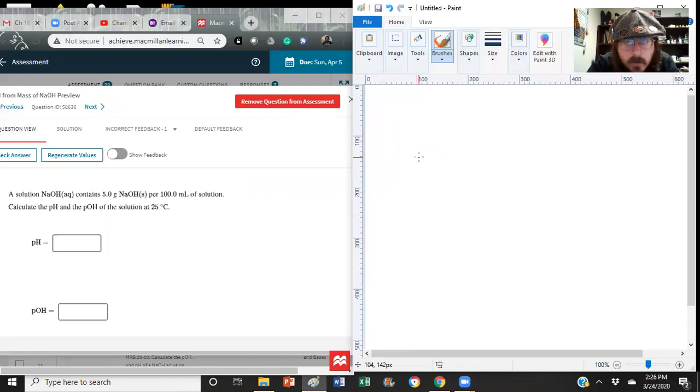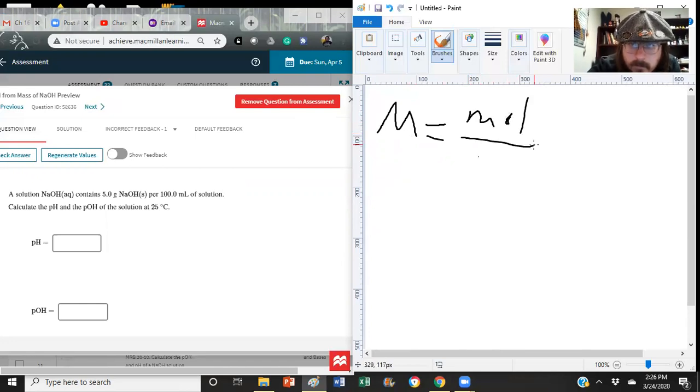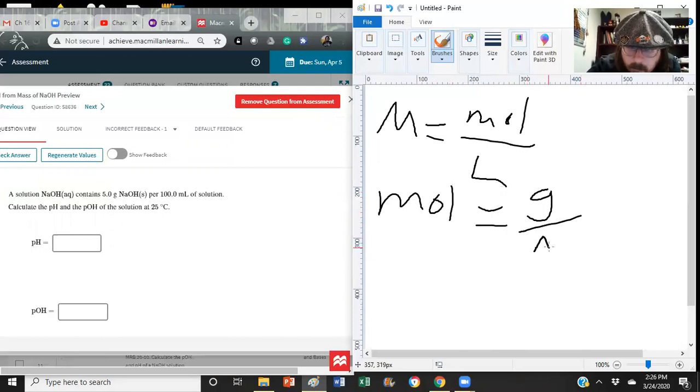So what you have to do is remember your molarity. How do we calculate molarity? Well, molarity is defined as moles over volume. And moles are defined as grams over molar weight, or molecular weight.